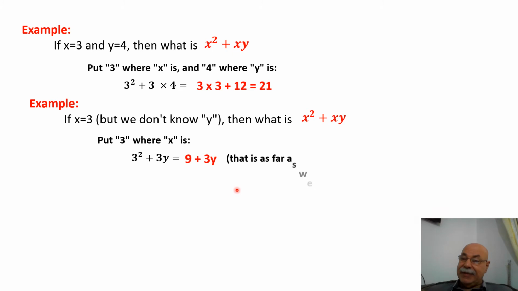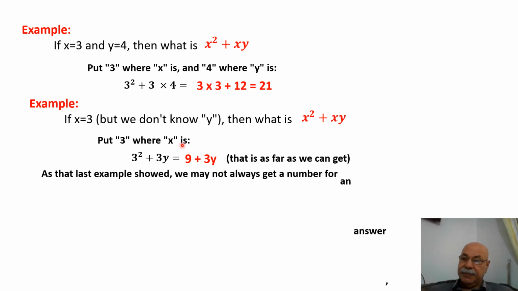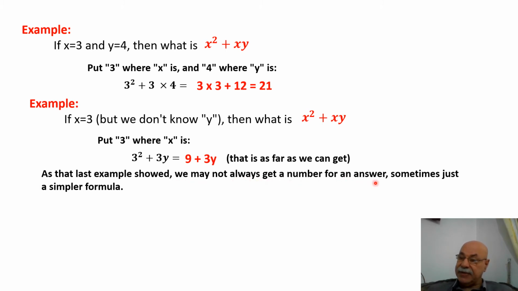So that is as far as we can get like this. As in the last example, however, you do not always get a number for the answer. Sometimes you just simplify the formula.